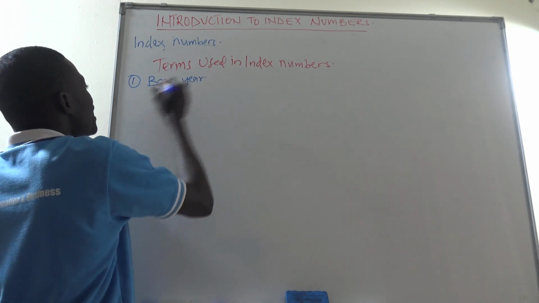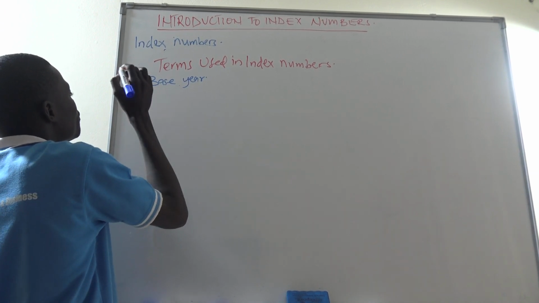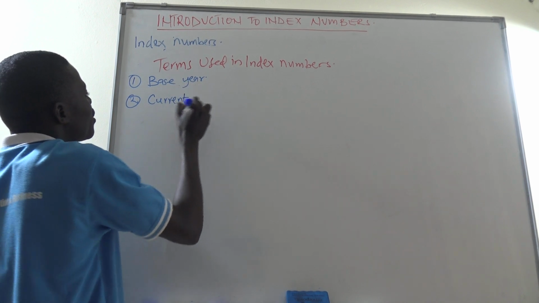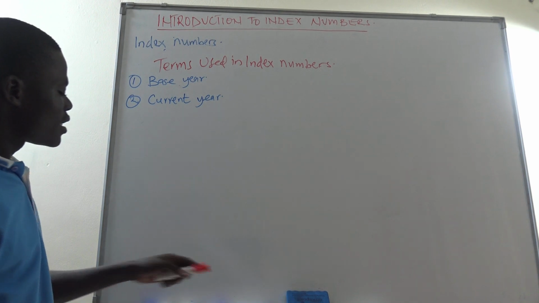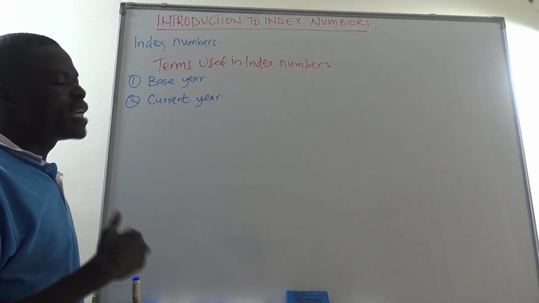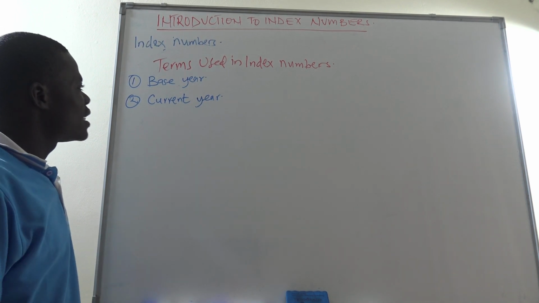And then after base year we shall look at what we call the current year. The current year means the year to which you are calculating the index number, the year which is changing from the base year.